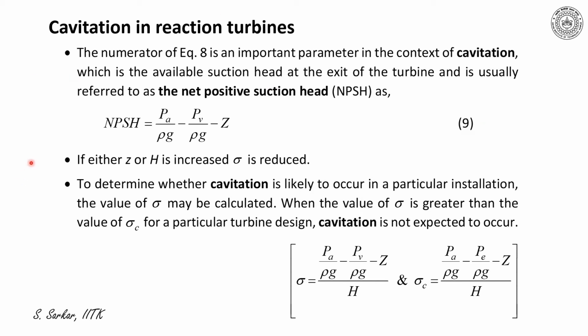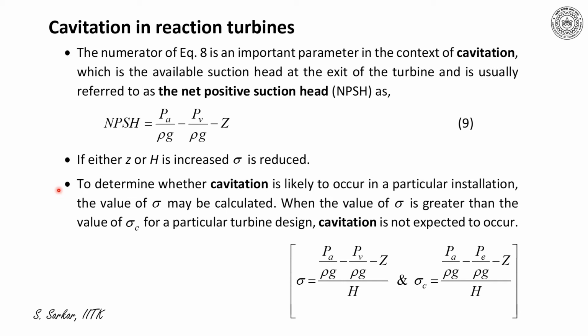Please note that either an increase of Z or H would reduce the value of sigma. Further, to determine whether the cavitation is likely to occur in a particular installation, the value of sigma may be calculated.